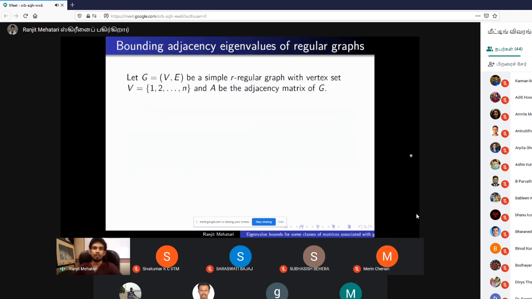First, we try to apply this result to the adjacency matrix of regular graphs.